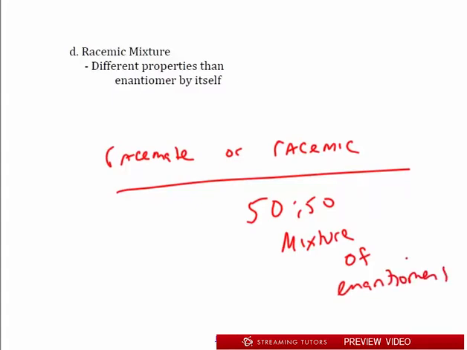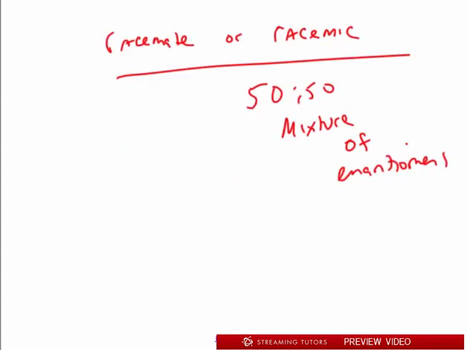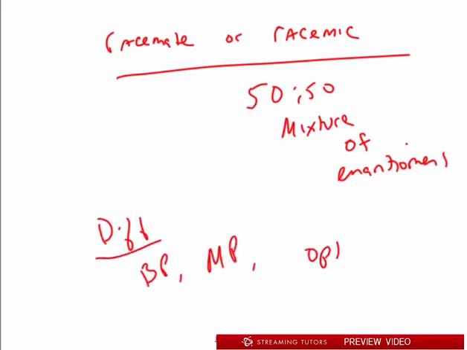Now, it turns out that if you have a 50-50 mixture of enantiomers, it is completely different than any enantiomer by itself. So it's going to have different properties all around. It'll have a different boiling point. It'll have a different melting point. It'll have different optical. Actually, as a matter of fact, no, I should say it has no optical activity. So it actually cancels out. We'll talk about that in the next section.